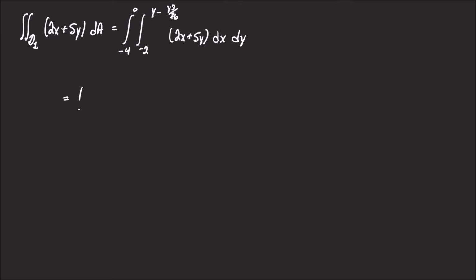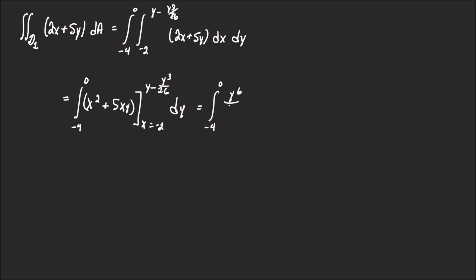So we'll have the integral from -4 to 0 of x squared plus 5xy evaluated from -2 to y minus y cubed over 16. After some algebra, this will become the integral from -4 to 0 of y to the 6th over 256 minus 7y to the 4th over 16 plus 6y squared plus 10y minus 4.